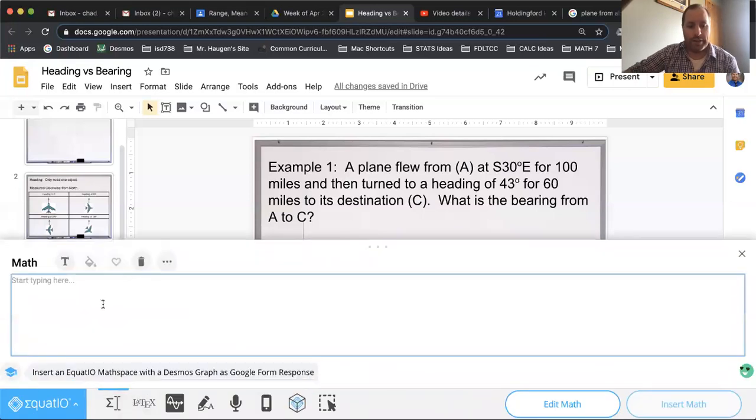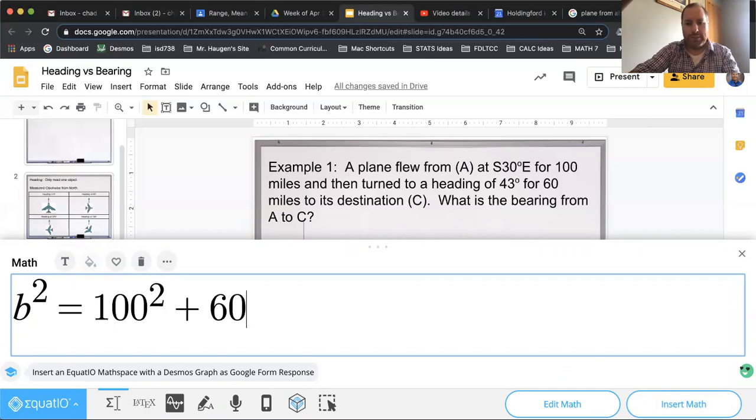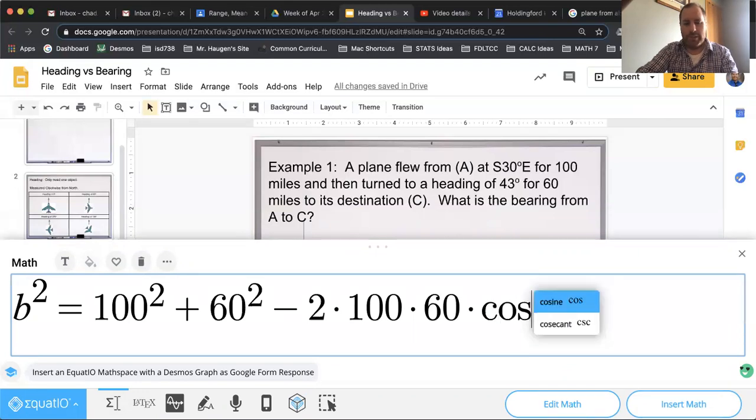Okay, so we have that b, let's use a lowercase b. We're finding a side. So our 2 sides were 100 squared plus 60 squared, and then minus 2 times 100 times 60 times, I need to double check what that angle was.